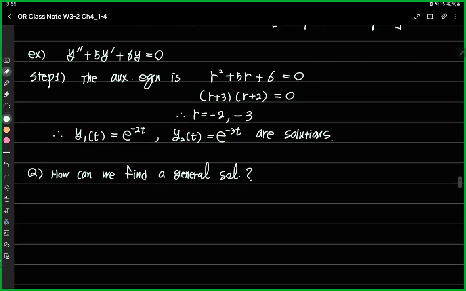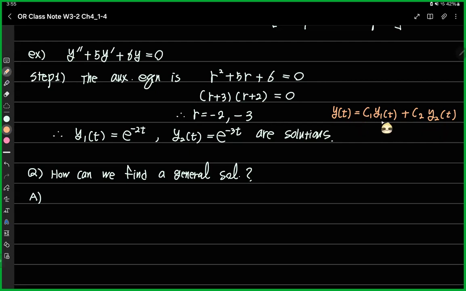Here's the answer. We can construct the general solution from these two solutions. Actually, in examples we already got the general solution. The general solution y of t is equal to c1 times y1 of t plus c2 times y2 of t.